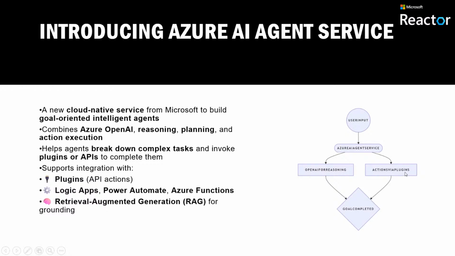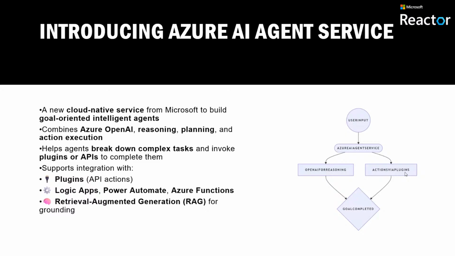From there you can achieve the goal that you have planned, either by using the plugin, or you can use Logic Apps or Power Automate, or Azure Functions to get the integration done. Or on a simpler note, you can also combine it with retrieval augmented generation for grounding purposes. So these are the different ways you can achieve your result.